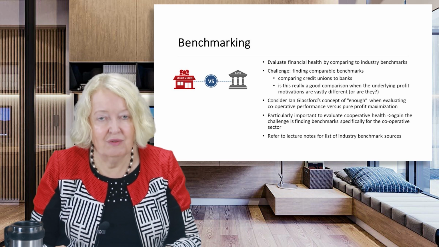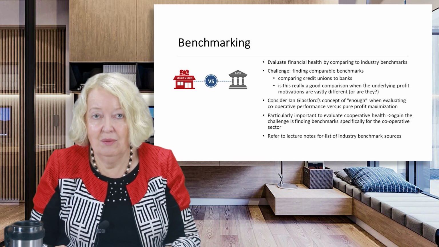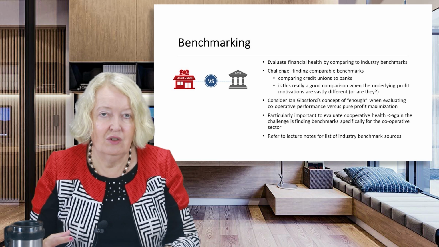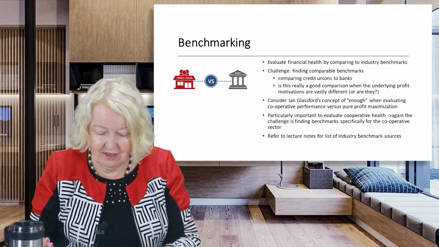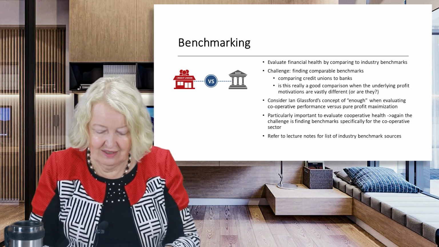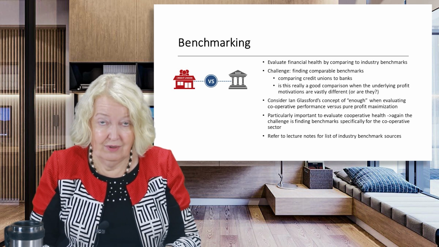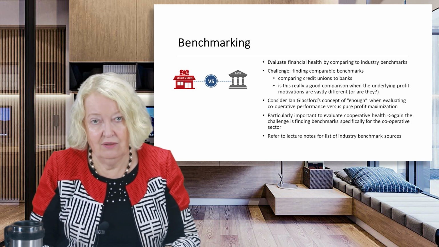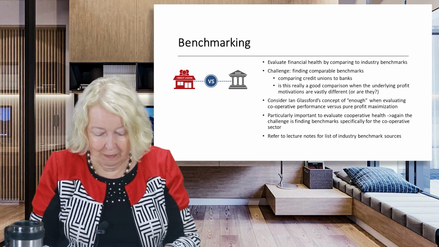With banks, of course, the objective is profit maximization, whereas with credit unions, you have to make enough to cover your expenses and to have sufficient cash in reserves, but it's not all pure profit maximization. There's an interesting article that I've included here called Enough, by Ian Glassford, a retired VP of a credit union, and he makes a really good point about evaluating cooperative performance versus pure profit maximization.